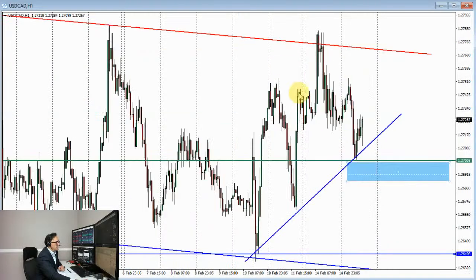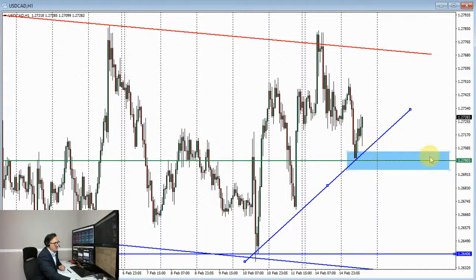I would like to see if we get a kind of a rally from here, and I didn't react to this. I missed it. So that wasn't the case, and I'm still looking at this 127. And if that is the case, then the stop would be down here at 126.40.